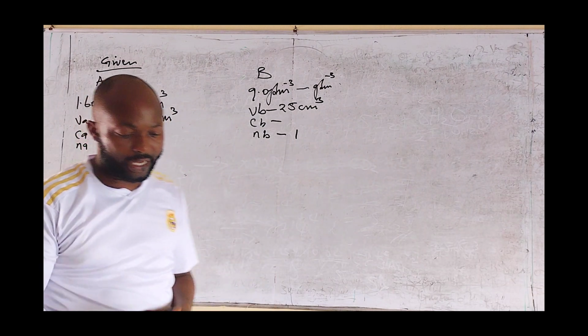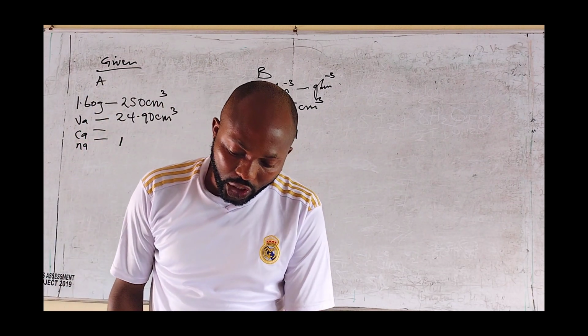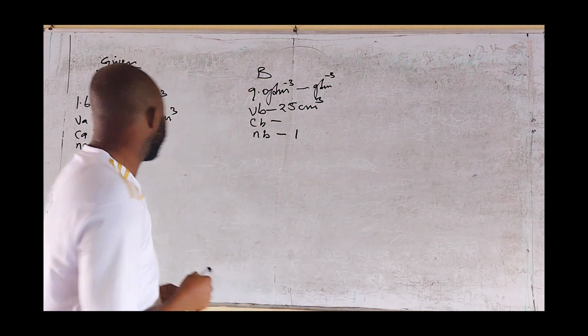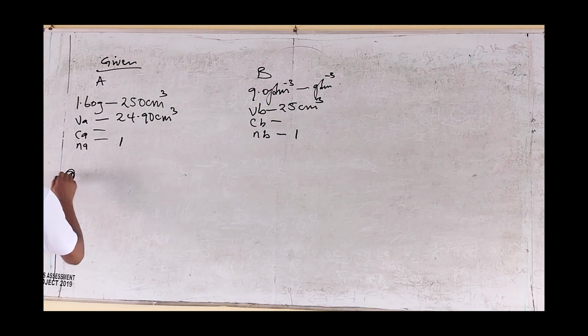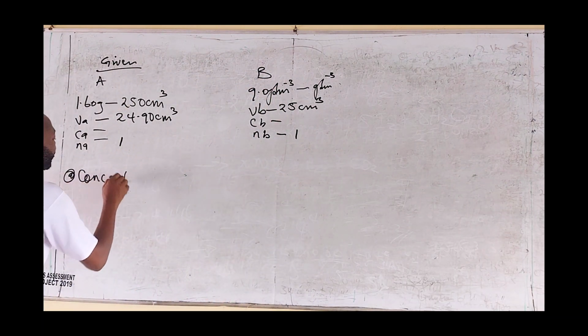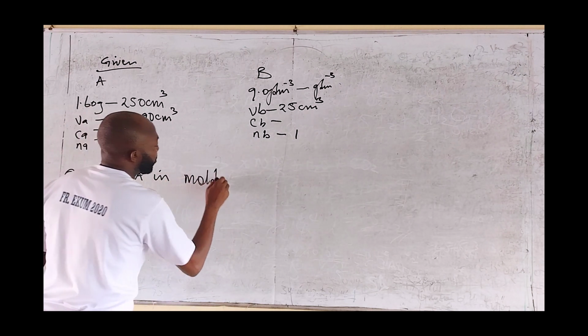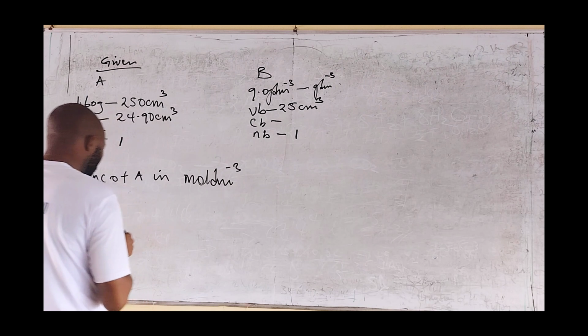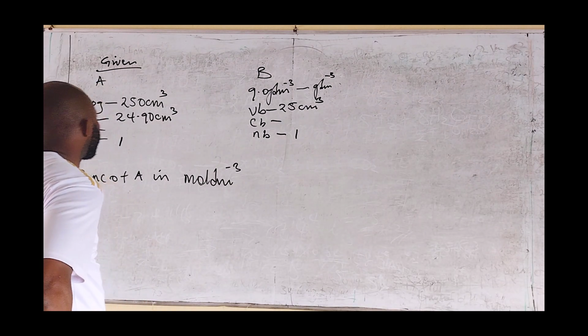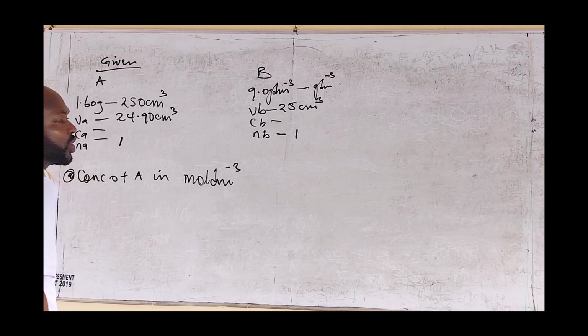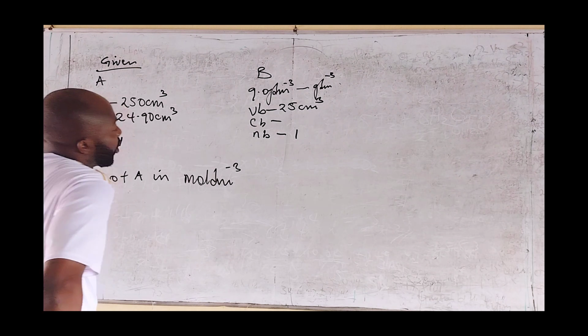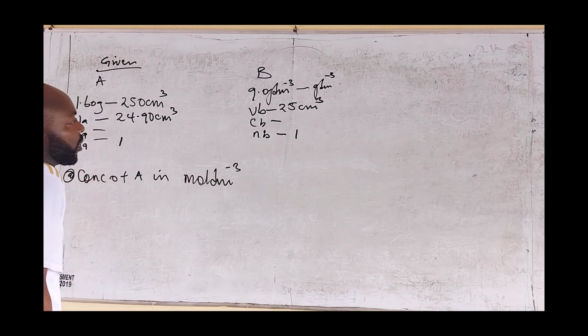So question A says the concentration of acid in mole per dm³. Now, there are two ways we can get the concentration of acid in mole per dm³. We use the CAVA formula, and we can also use mass concentration over relative molecular mass.